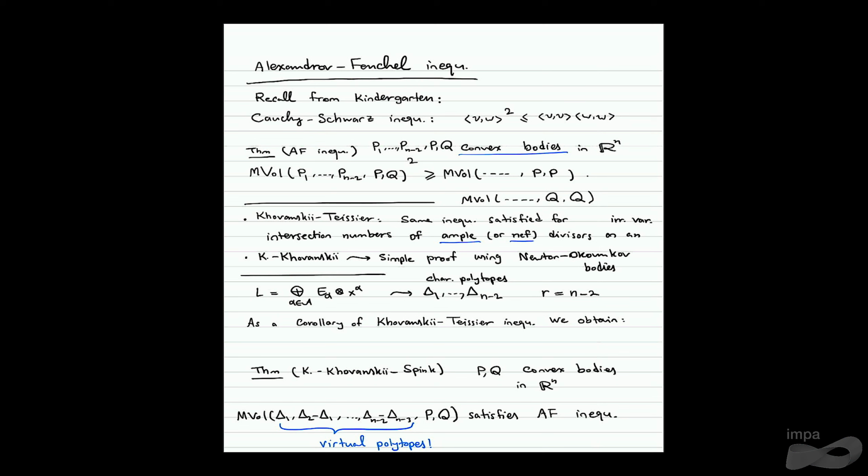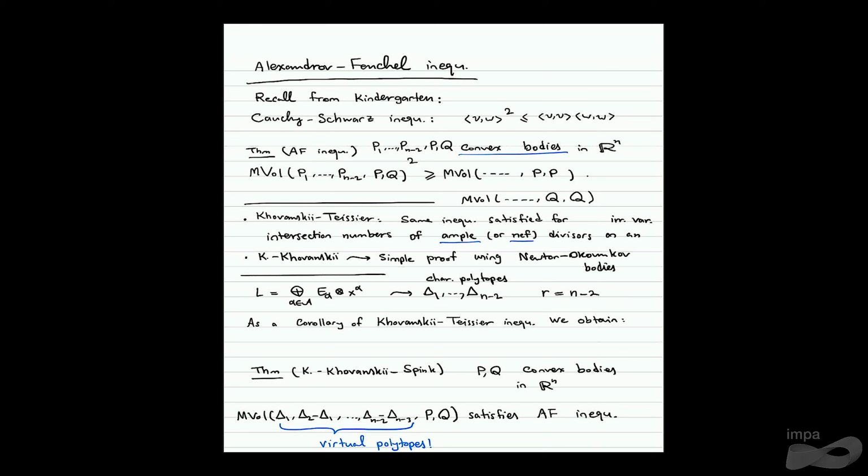By applying Khovanskii-Teissier to our setup, one gets that if you put the consecutive differences of the characteristic polytopes for a rank n-2 subspace in the mixed volume formula, and the last two are free, you get a bilinear form on the space of polytopes that satisfies the Alexandrov-Fenchel inequality.